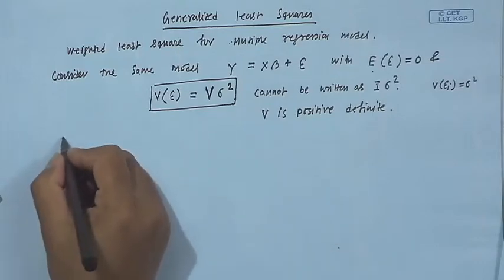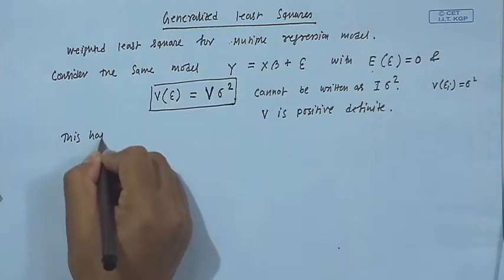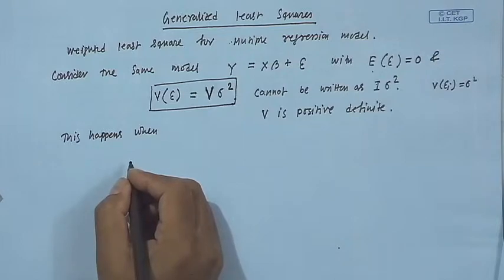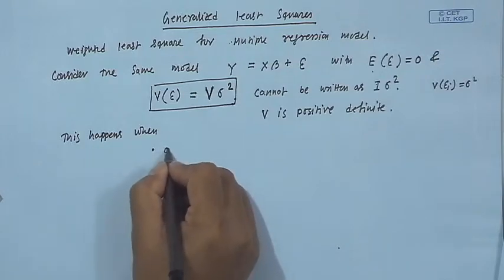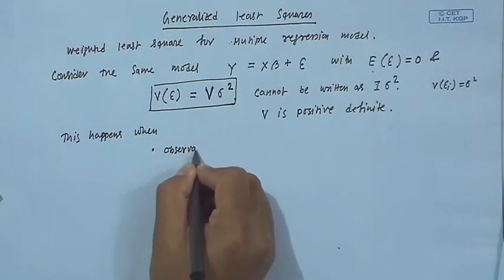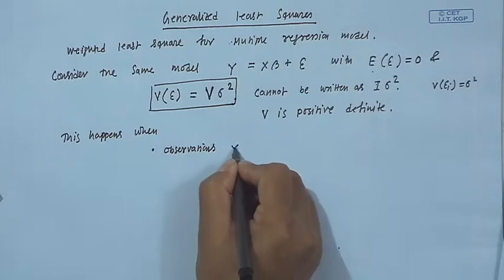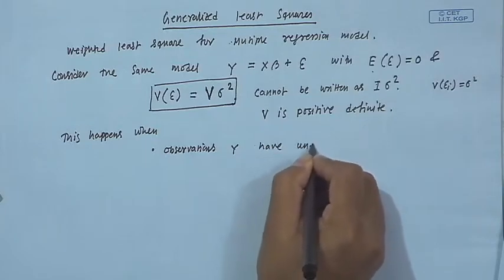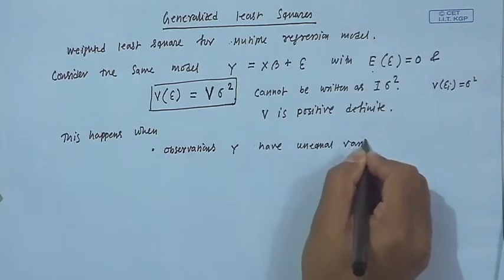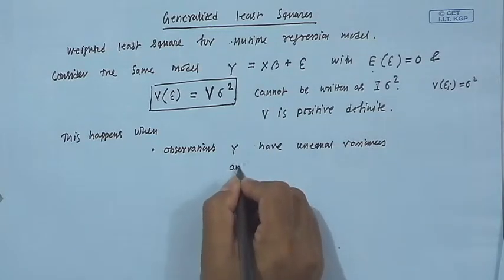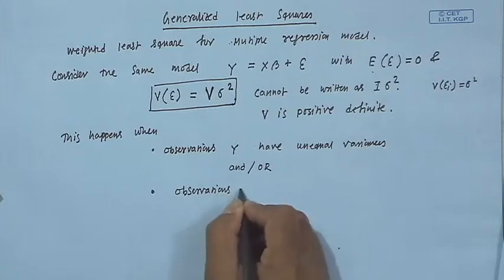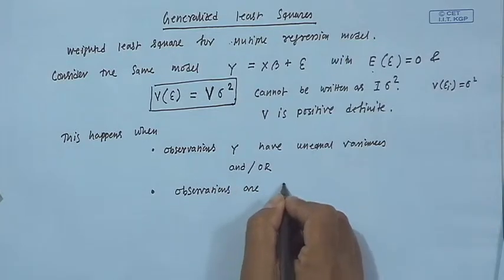Okay. So, this happens when observations y have unequal variances and or observations are correlated.